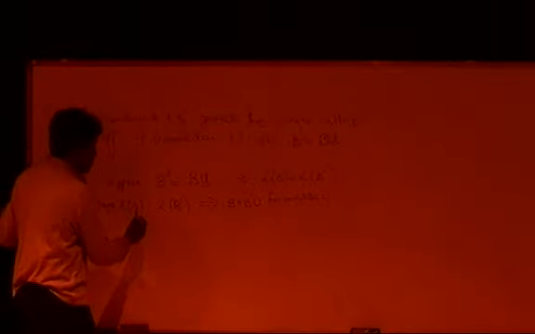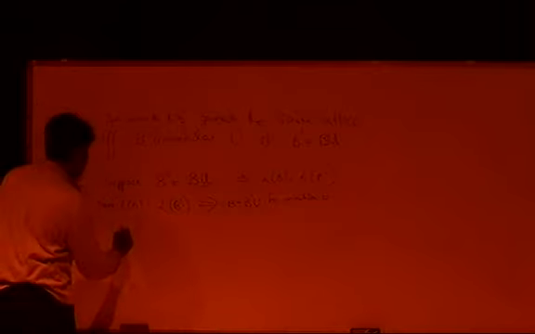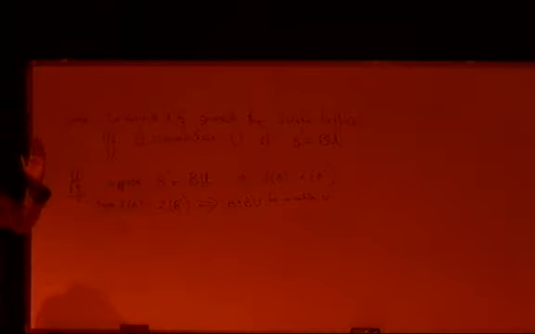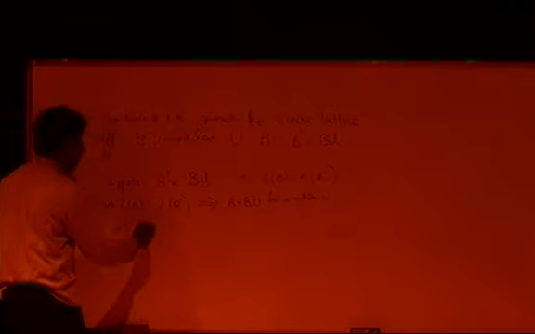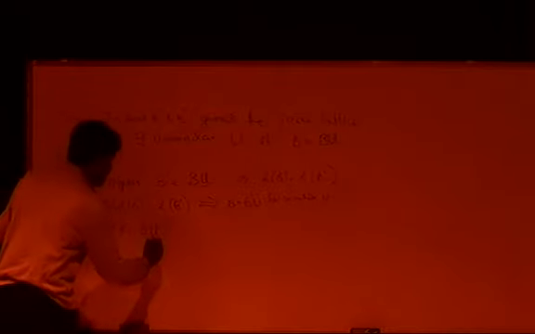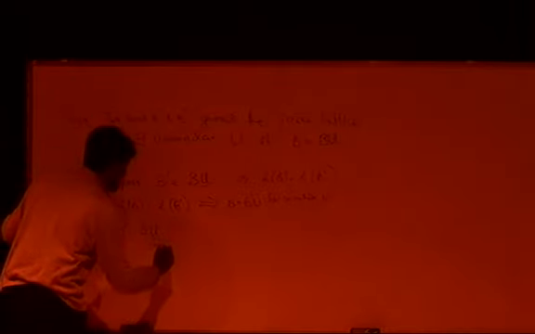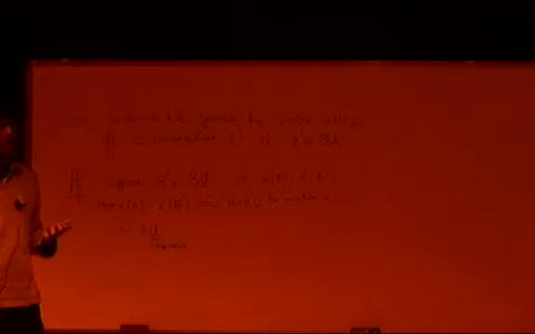Suppose that the two lattices are the same. What does this mean? I can write all the vectors in B prime, B1 prime up to Bm prime, as an integer linear combination of the vectors in B. So I can write it as B times U, where U is an integer matrix. This is by definition of lattices.